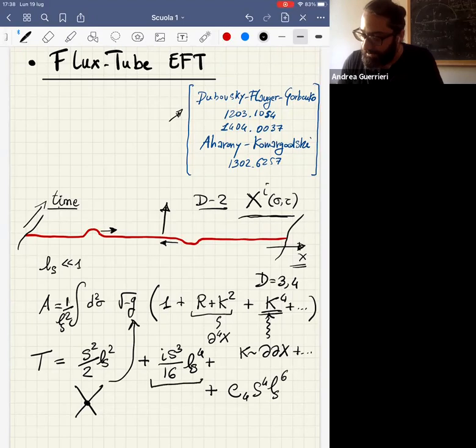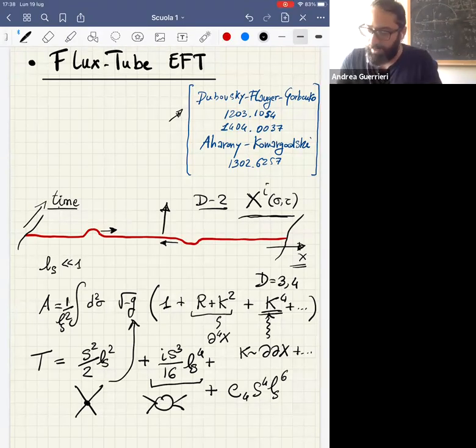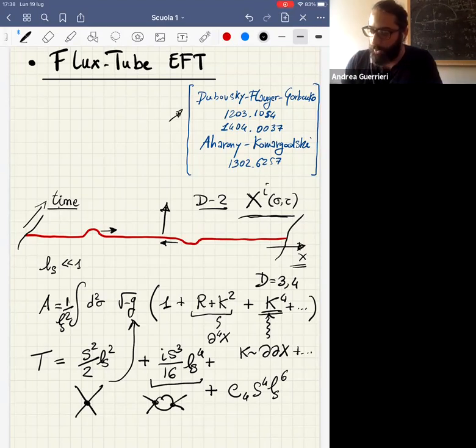The fact that this one-loop term is universal is due to the fact that these two operators, R and K squared, are special. They do not contribute to the scattering amplitude, so there are no counterterms that you can add to your Lagrangian. They vanish. That's why this one-loop term is universal. It's totally fixed.